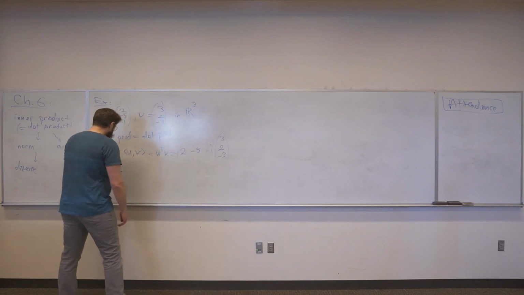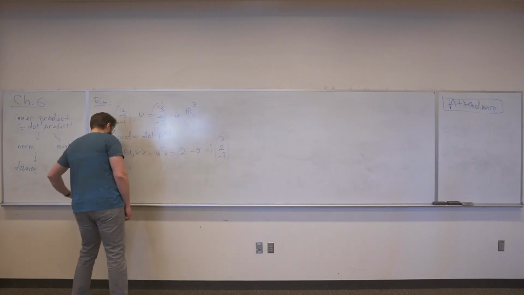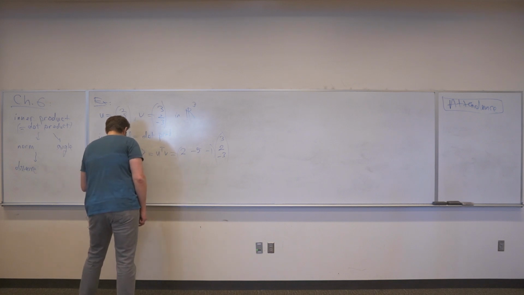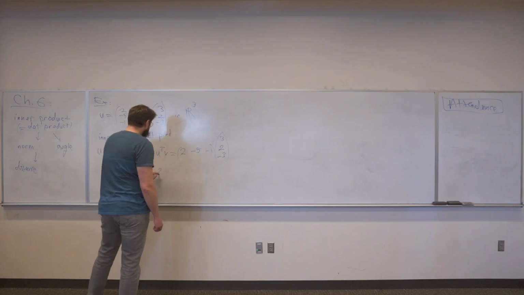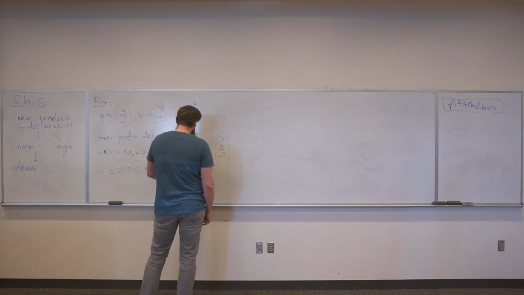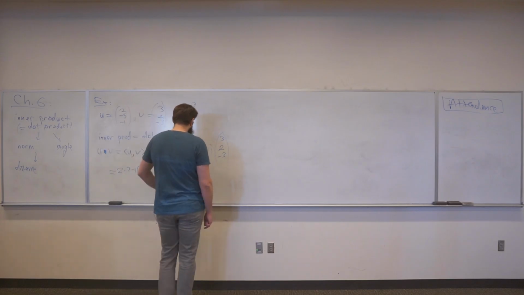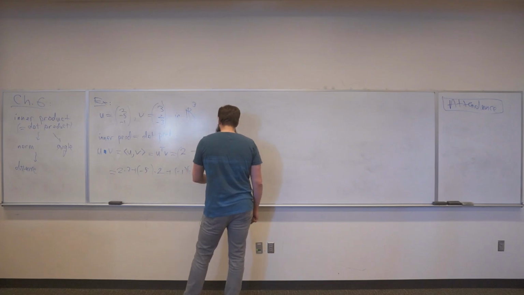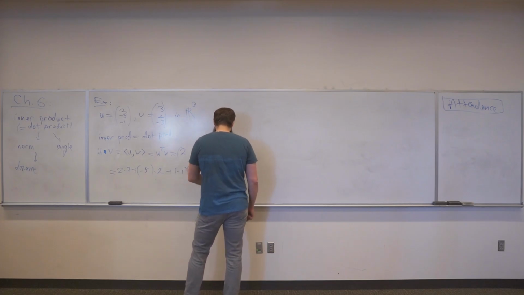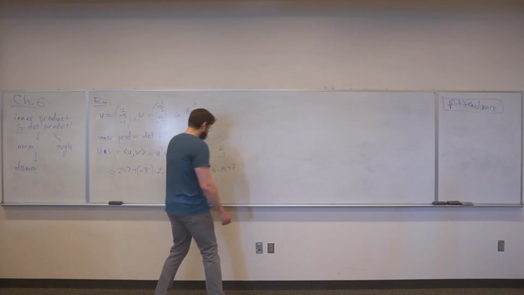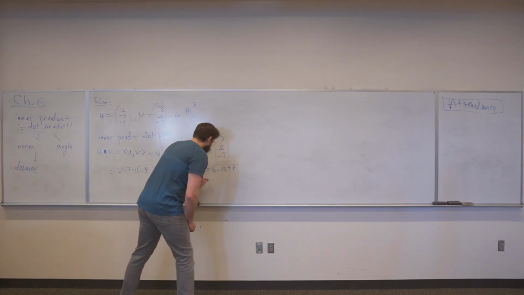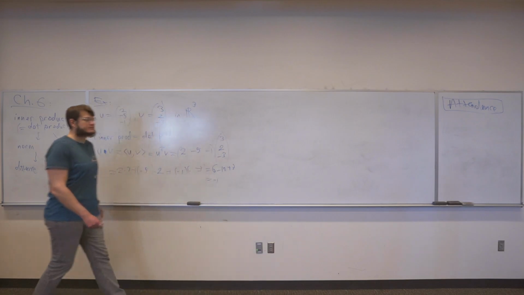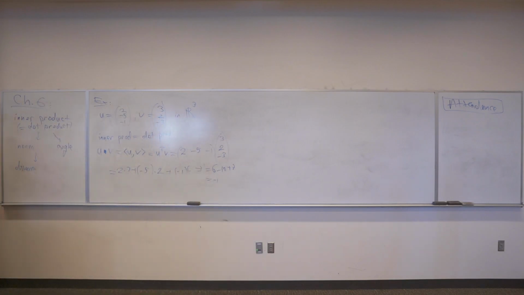What does this give you? 2 times 3, and then plus -5 times 2 plus -1 times -3, which is 6 minus 10 plus 3, which is -1. So that's the inner product. As you see, it gives you a number.